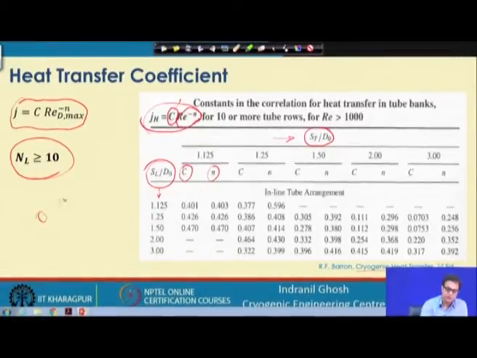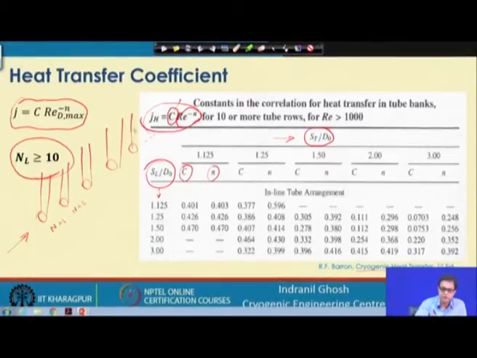That means, when the flow is taking place like this, we have n equals 1, n equals 2, so like this we have the number of rows along the direction of the flow, and it has to be at least 10 or more than 10. So, what happens if the number of tubes is less than 10? Then obviously, there would be some kind of correction factor that we have to take into account.